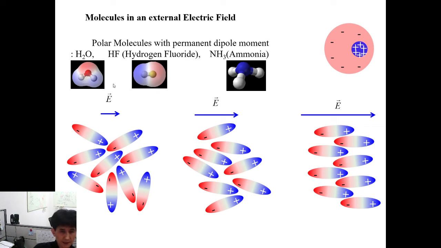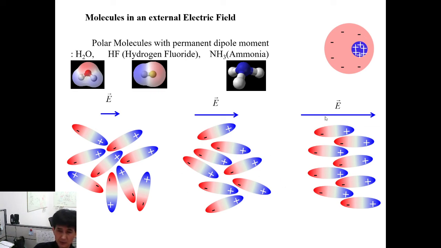The center of the electron cloud and the center of the nucleus of atoms are not the same, so they initially have a separated value like this. And by applying electric field, the separation becomes a little bit larger, but its alignment is changed.